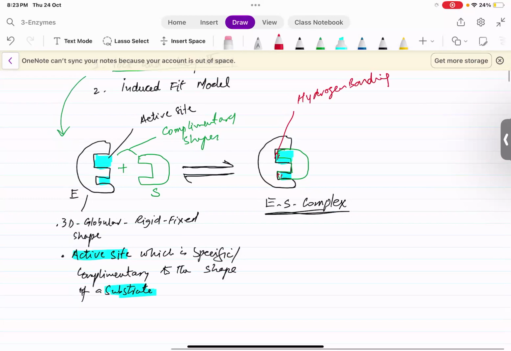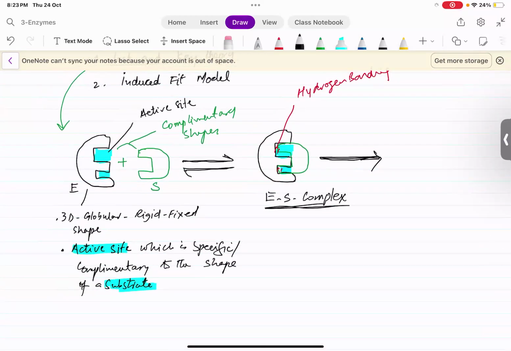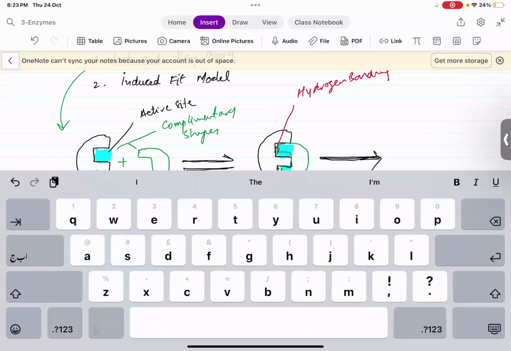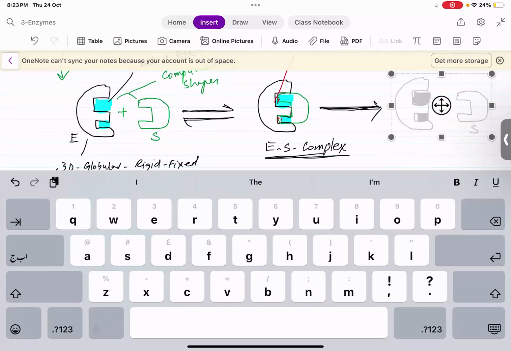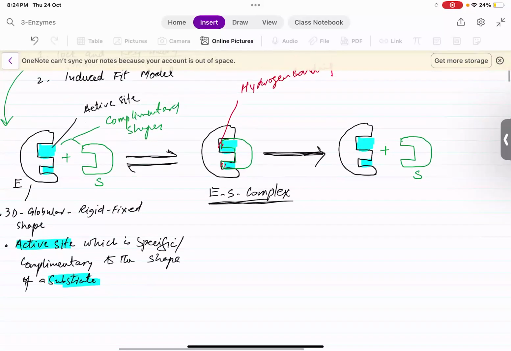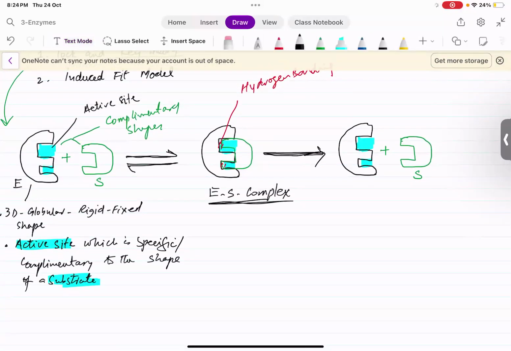This enzyme now lowers the activation energy, and it reorients and weakens the bonding between the unit molecules of this substrate, and the substrate is converted into the product.